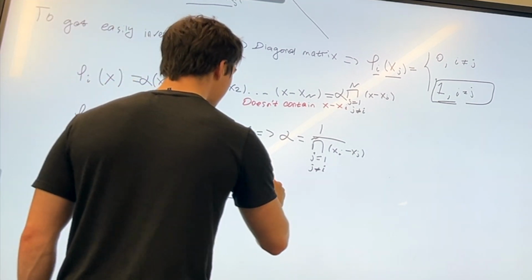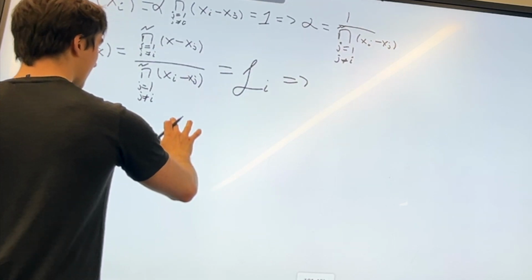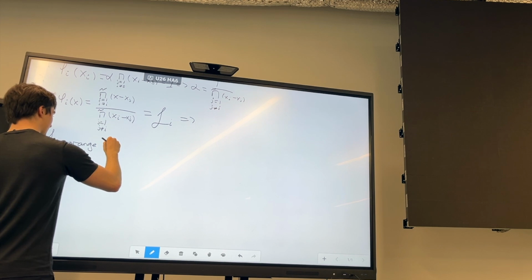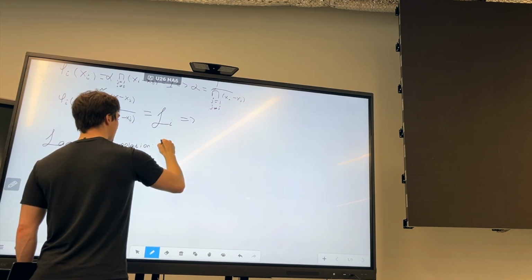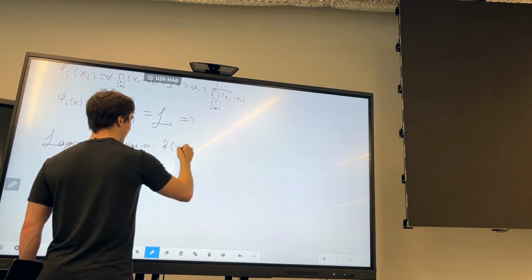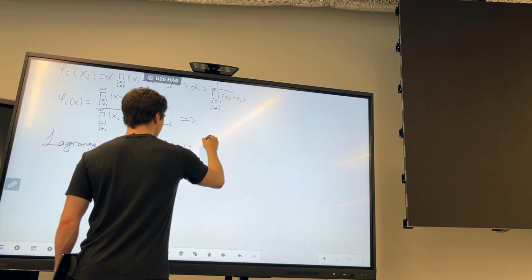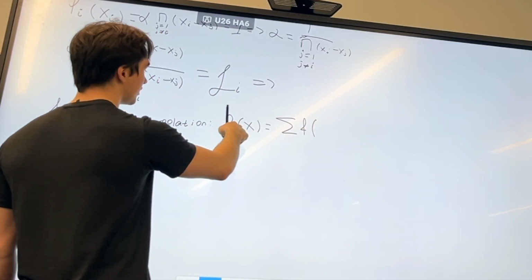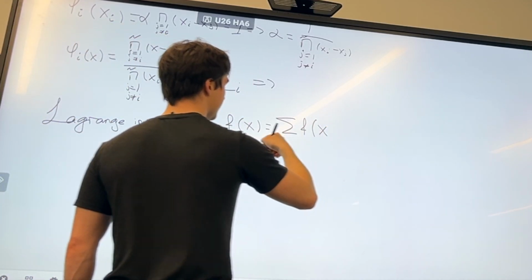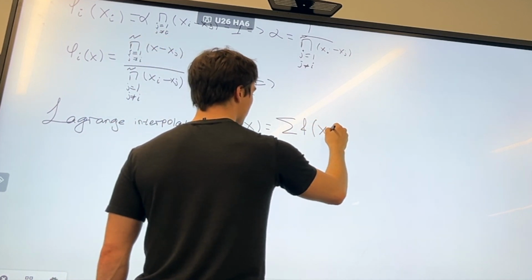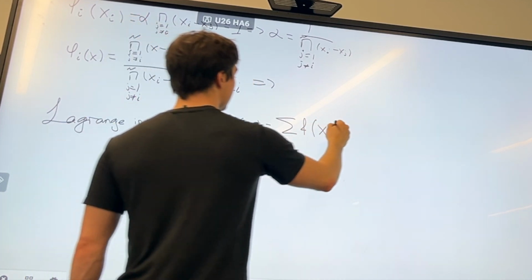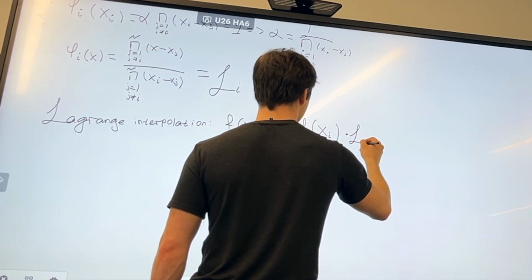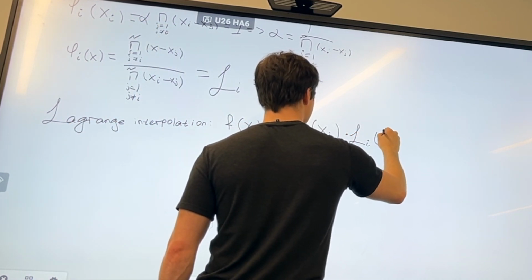And now we say that our Lagrange interpolation is our function f of x, equal to the sum of our function f at our given data, f of xi, times our basis Li at point x.